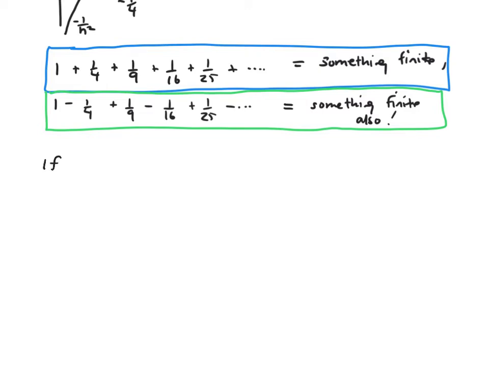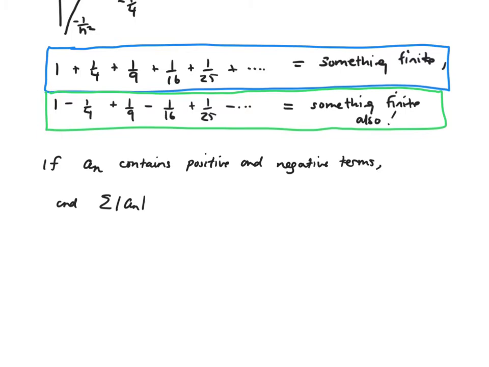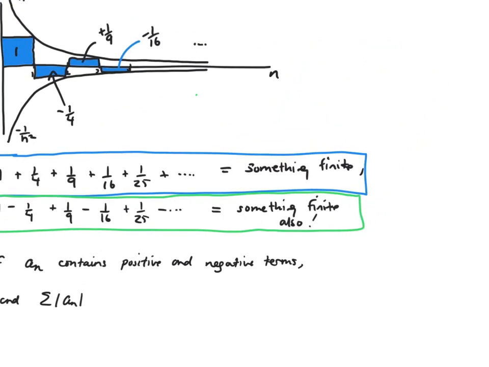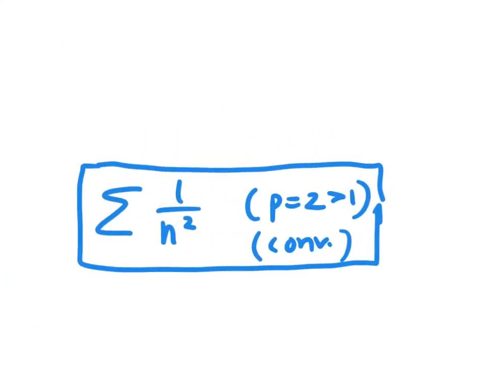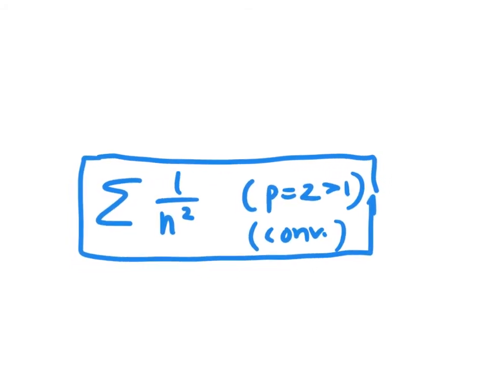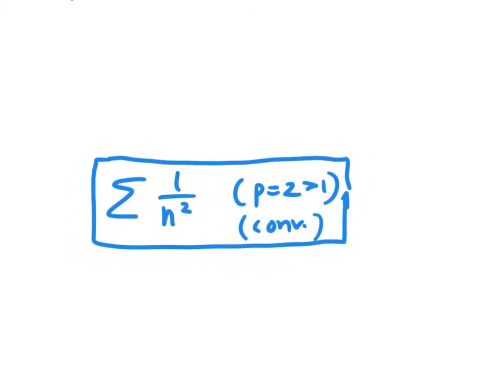If a_n, the term that describes my series, contains positive and negative terms, and the series that is represented by only looking at the positive values, and the equivalent of that consideration is this thing, looking at only the positive analog of the series we're considering.